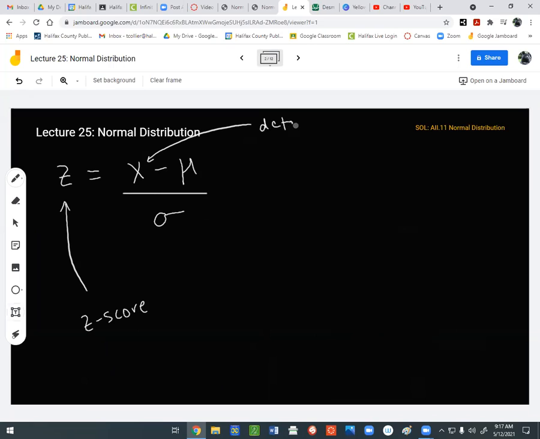This is my data point that they give me. You subtract the average, the mean. And then the last thing you do is you divide by the standard deviation. And that's going to give you your z-score.